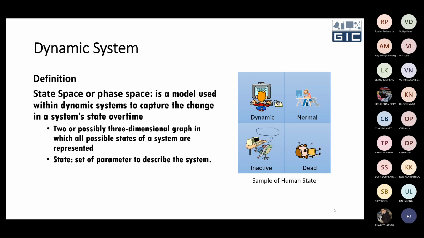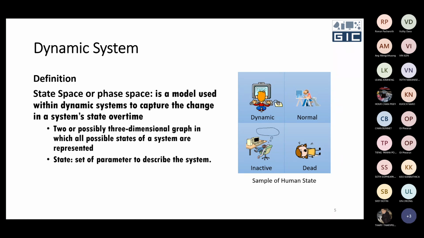For example, in this case, I try to describe the state of the humans, so you have a two-dimensional graph to show. But when you try to describe the state of a star in the galaxy, they have a lot of dimensions. So in order to describe those kinds of things, you have a high dimensional graph.